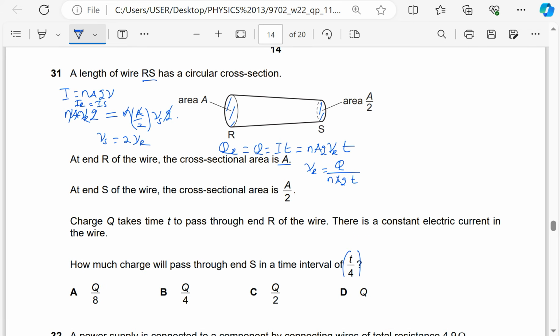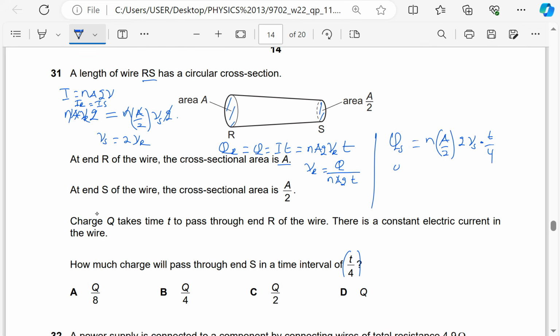Okay. If I try the other side S, QS is also going to be, and the area, remember, is A over 2, so it will be A over 2 times the charge of each charge carrier, which is q, times the drift speed, which is Vs, times the time. The time on that side is going to be t divided by 4. If it is t on the other side, this side is t divided by 4.